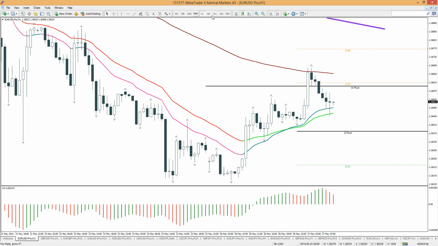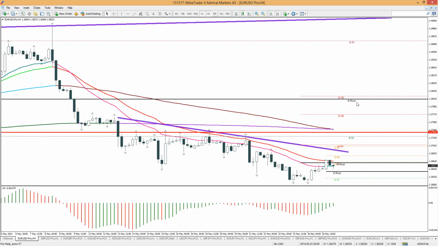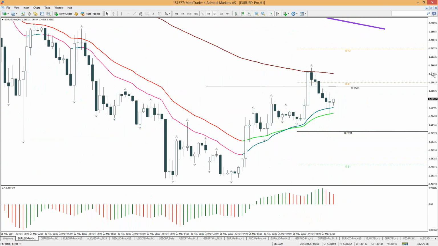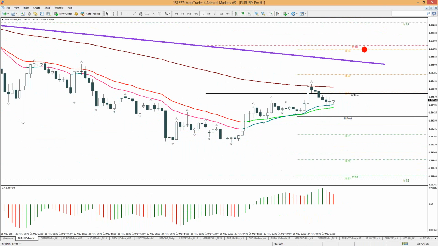And where's the monthly? The monthly is way higher. So you can see maybe if we break above daily R3 is at the R1. That would be the very max for today's movement, I would say.